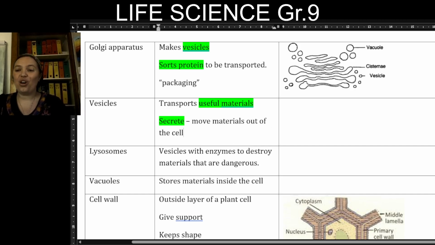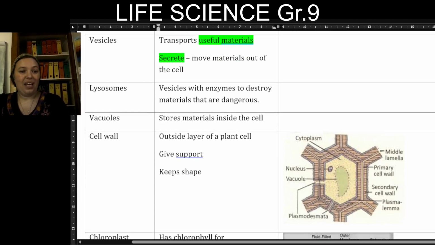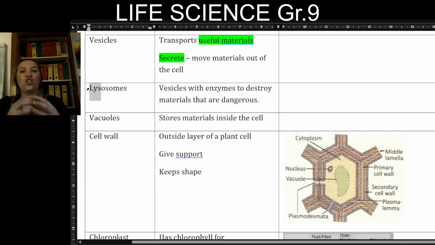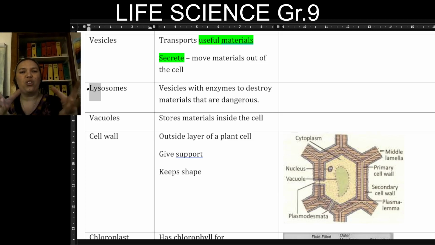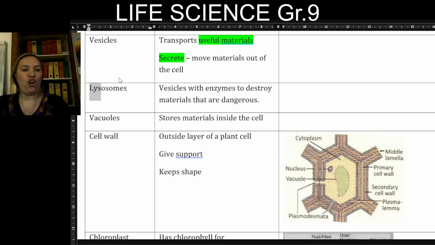Then lysosomes, very similar. This word lyse, L-Y-S, basically means to destroy or burst or something like that. So a lysosome destroys stuff. It's exactly the same as a vesicle.